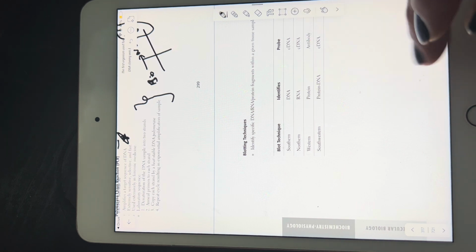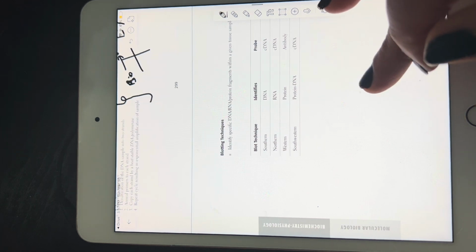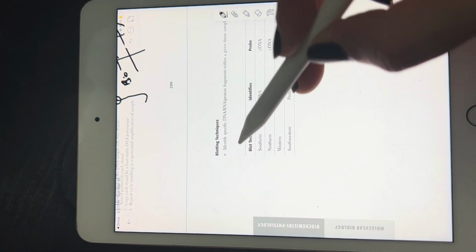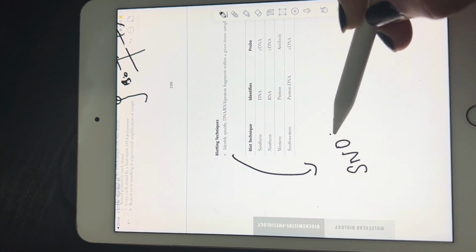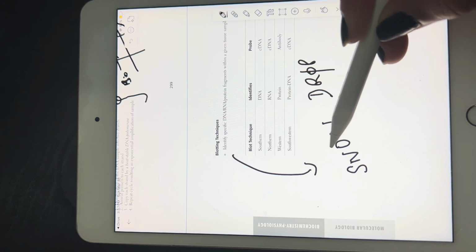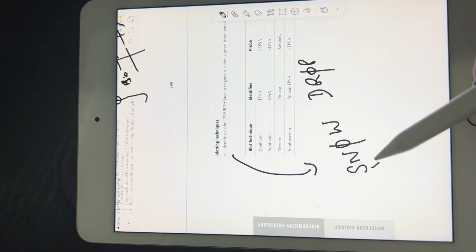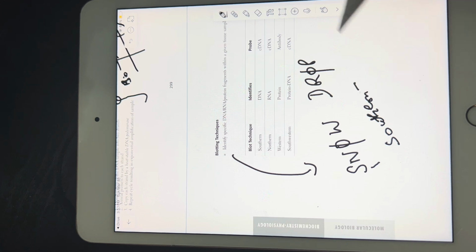This one is also very important, which technique is used to test which thing. For the blotting techniques, remember the word SNOWDROP. So just forget the O. Southern is for DNA.